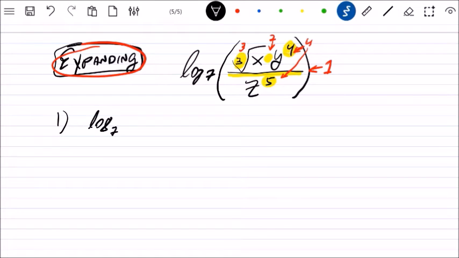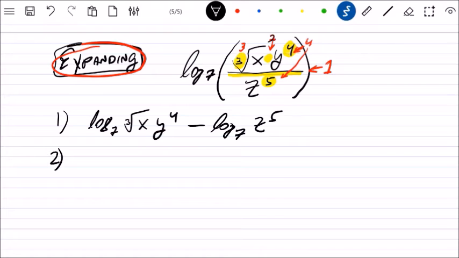Log base 7 of cube root of x, y to the 4th, subtract log base 7 of z to the 5th. It wouldn't be good to take care of this number 2 part that I mentioned first because it's inside it. We need to take care of the bigger thing, break it up first. So now the second thing we'll do is deal with the multiplication part that would have been there.